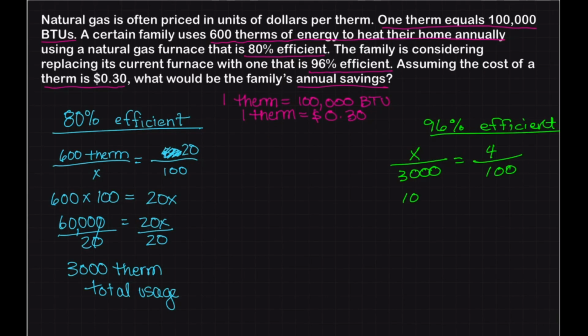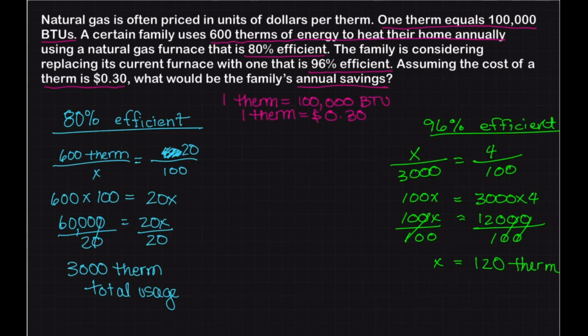So I'm going to have 100x equals 3,000 times 4. So I'm going to have 100x equals 12,000. I'm going to divide by 100, and I'm going to get x equals 120 therm.